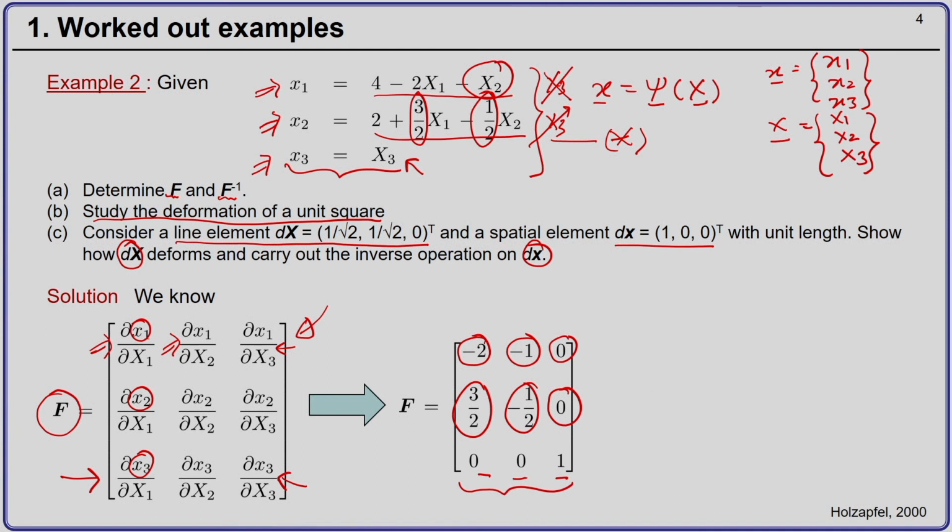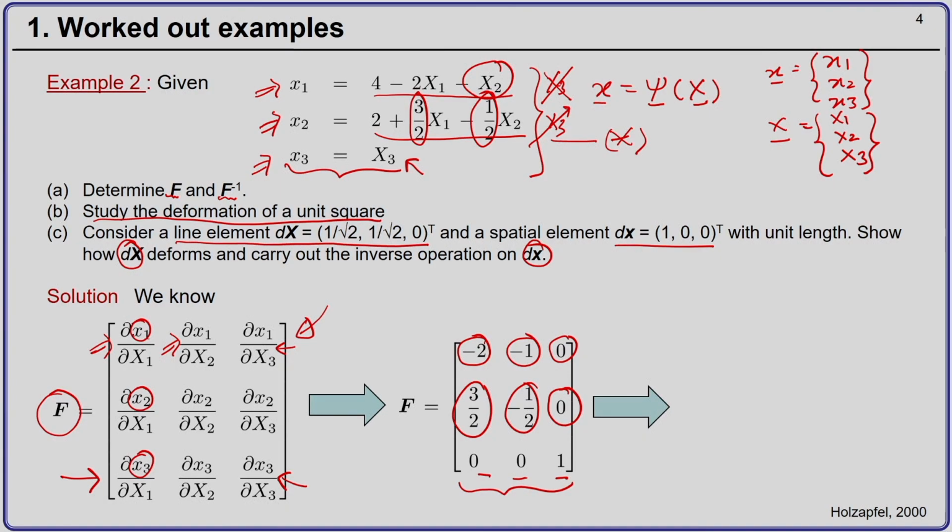Once we have found the deformation gradient tensor, the next job is to find its inverse. You know how to find the inverse of a 3 by 3 matrix, and once you find the inverse, you see that F inverse is minus 1 by 5, 2 by 5, 0, minus 3 by 5, minus 4 by 5, 0, 0, 0, 1. That is the inverse.